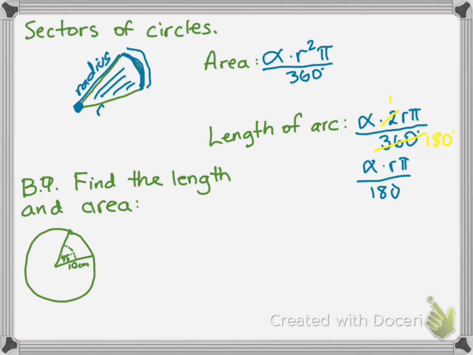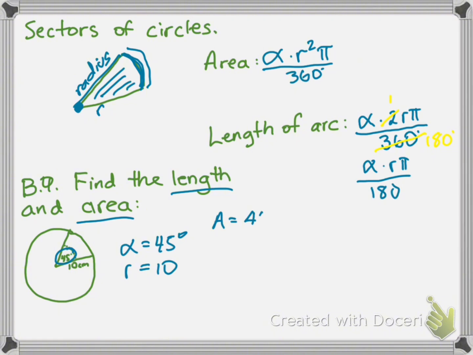All right, so let's do example B9. It says find the length and the area of this sector. So notice here 45 is my central angle. So 45 is the central angle. And the radius is 10. So we just use our formulas and substitute to find what is the value.